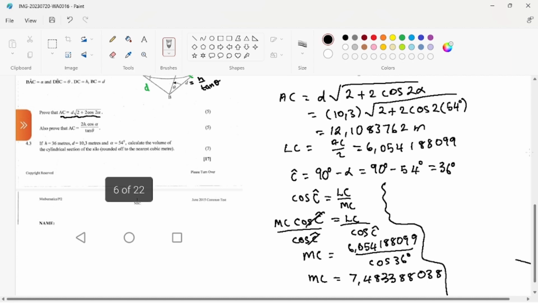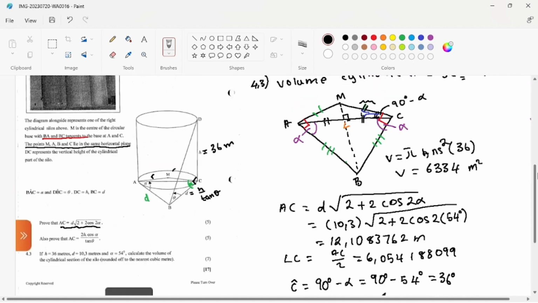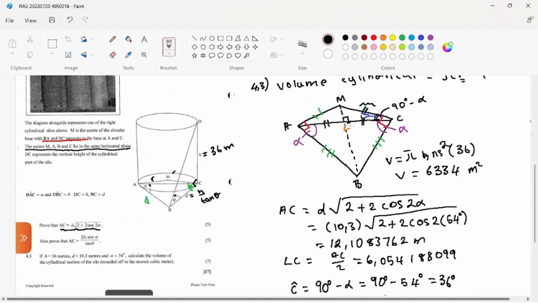I calculated LC because if I can get LC, that means I have a right-angle triangle, so I can use a simple trigonometric ratio. I'm going to say adjacent over hypotenuse because I want to calculate MC, but I have LC right now.